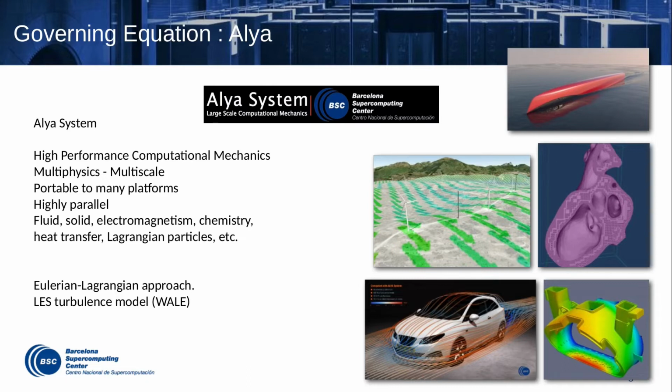It's composed of different modules with fluids, solids, electromagnetism, chemistry, heat transfer, Lagrangian particles, and so on. Then you can couple these modules, like for example fluids, solids, and Lagrangian, to produce a fluid-structure interaction with particles, for example.